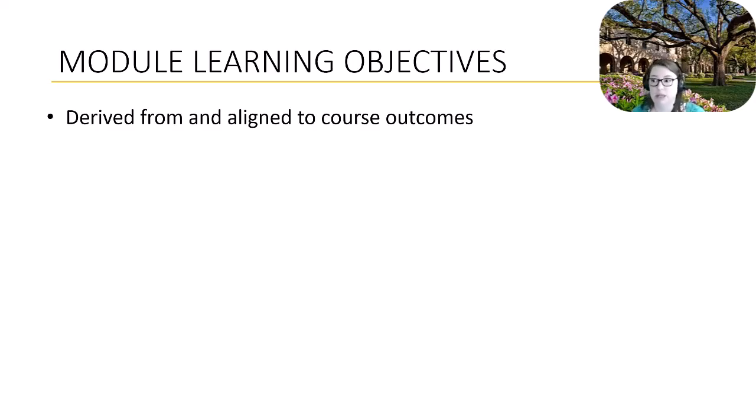Think of them as the building blocks to produce whatever is used to demonstrate mastery of the outcome. How will students get from where they are now to that outcome, to where you want them to get to? Those learning objectives are a way for you to structure, sequence, and plan your course topics in a way that provides students an opportunity to achieve those outcomes.